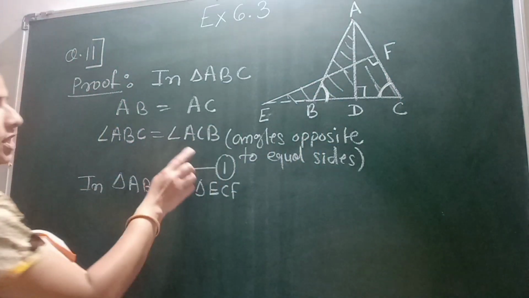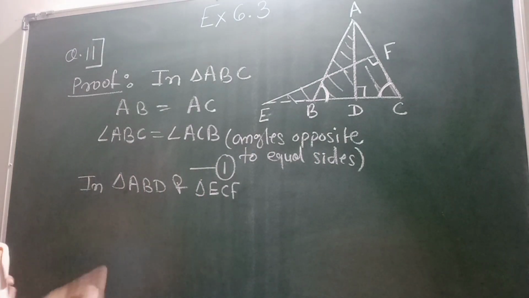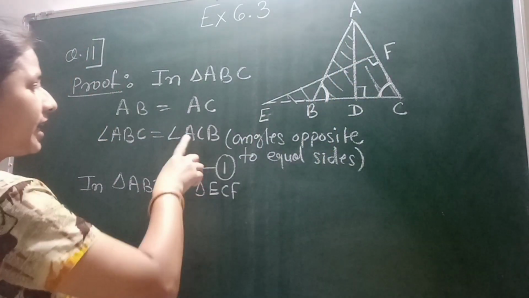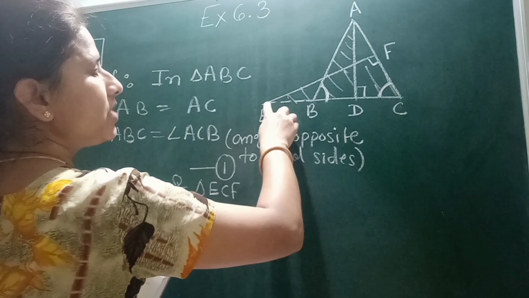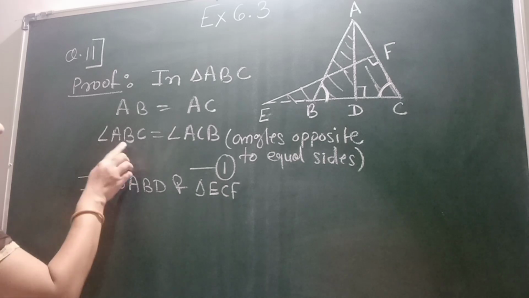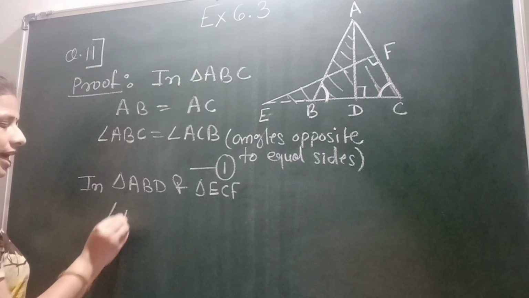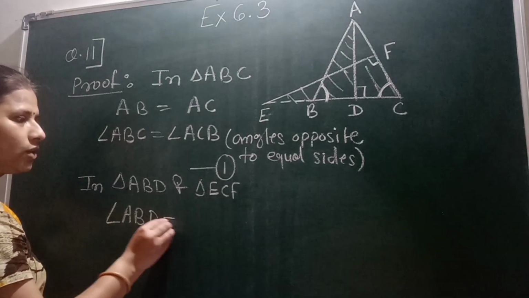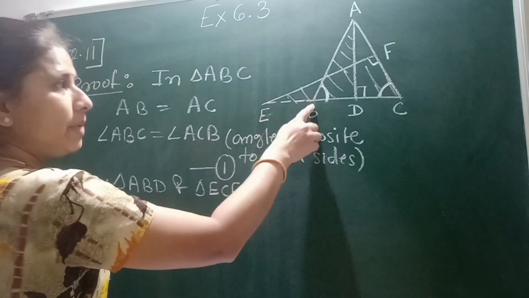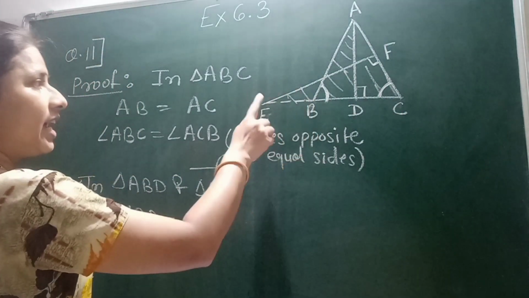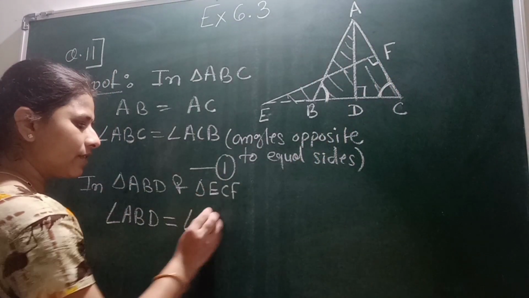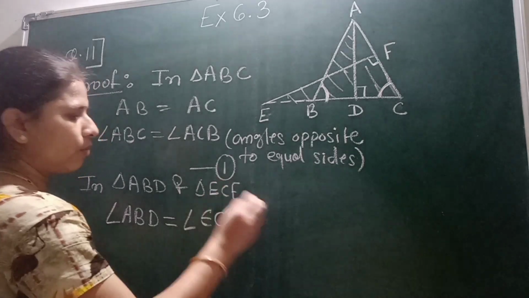As we proved in part 1, both the angles are equal, and ABC is part of triangle ABD, and angle ACB is part of triangle EFC. So we can use equation number 1. In place of angle ABC we will write angle ABD equals, and in place of ACB we will take angle ECF, from 1.